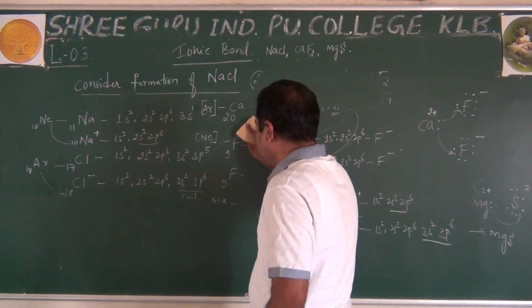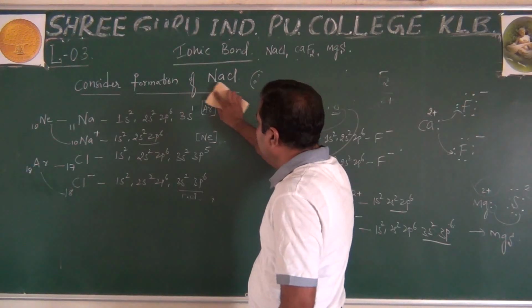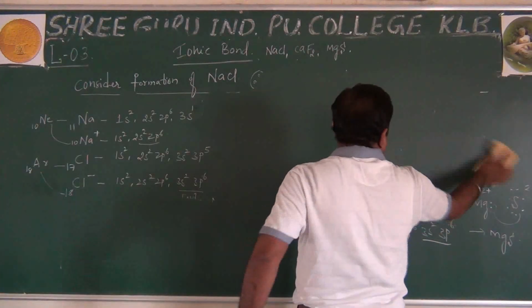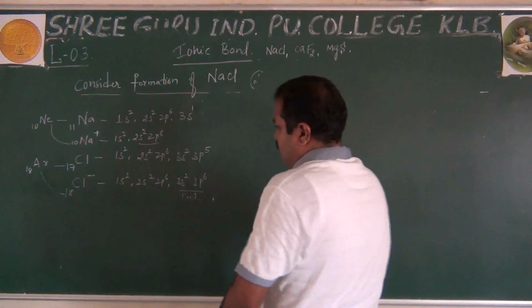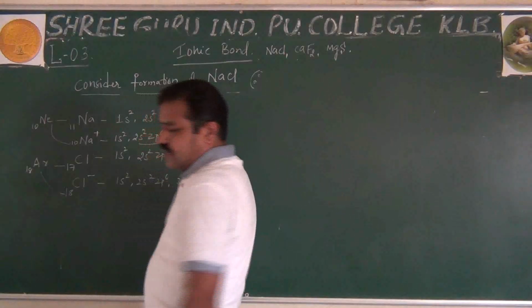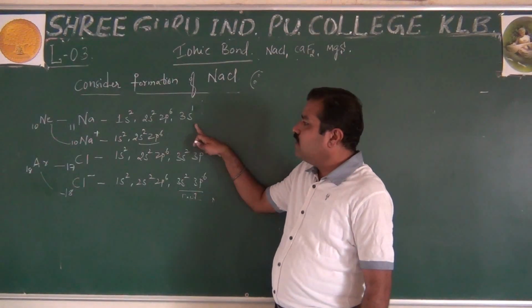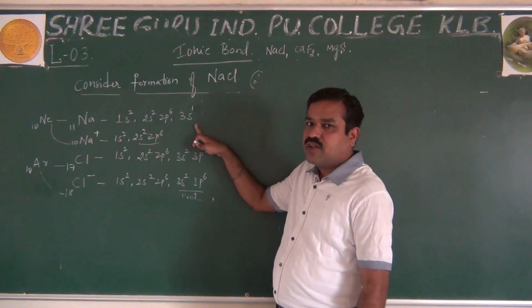If they ask you, then you should be able to represent it very easily. Just observe here. Ionic bond with an example. Consider formation of sodium chloride. Write the electronic configuration. First sodium: 1s2, 2s2, 2p6, 3s1.